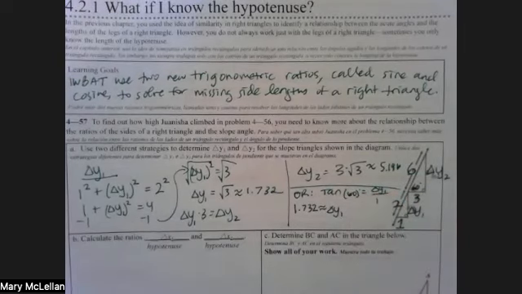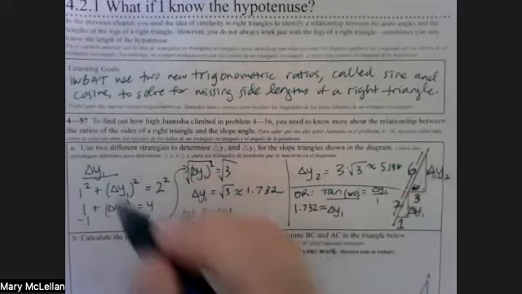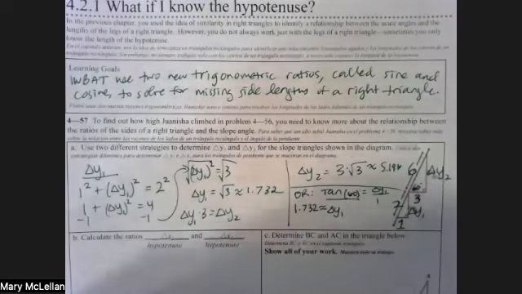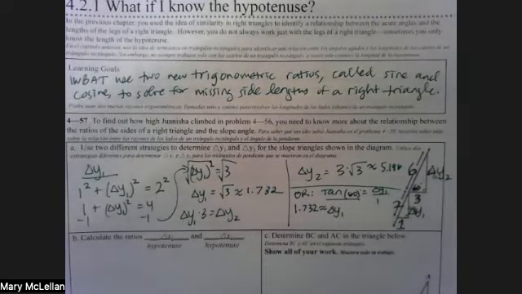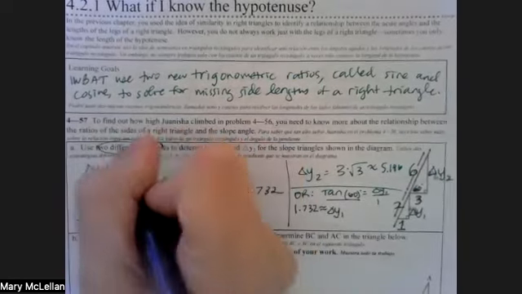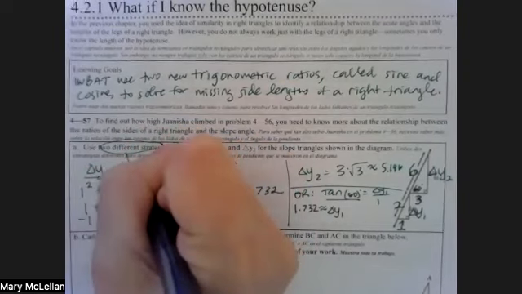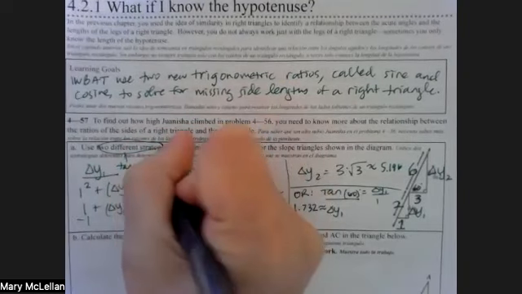And then again, I would use the fact that they're similar and a scale factor to find change in y2. So I can either use tangent or I can use Pythagorean theorem. Either works. Two different strategies. It's tan or Pythagoras.